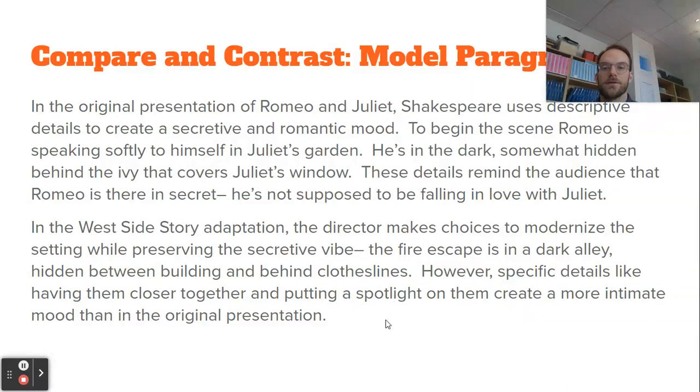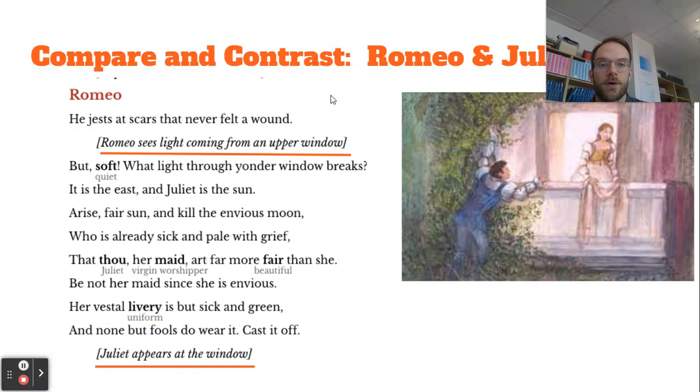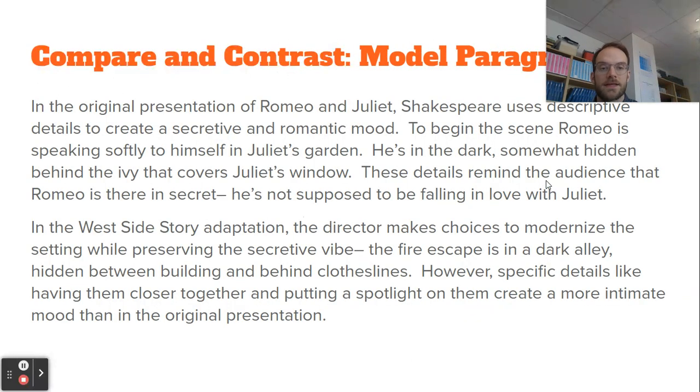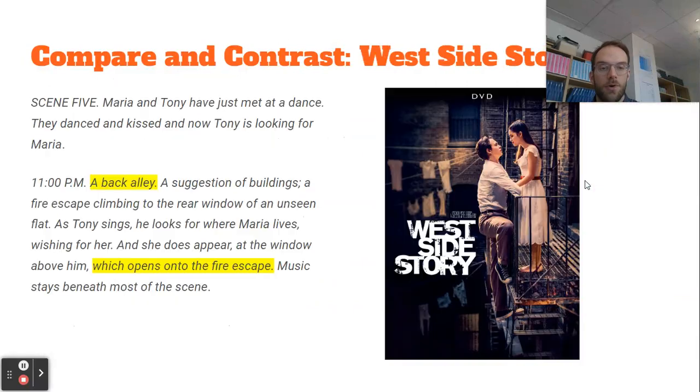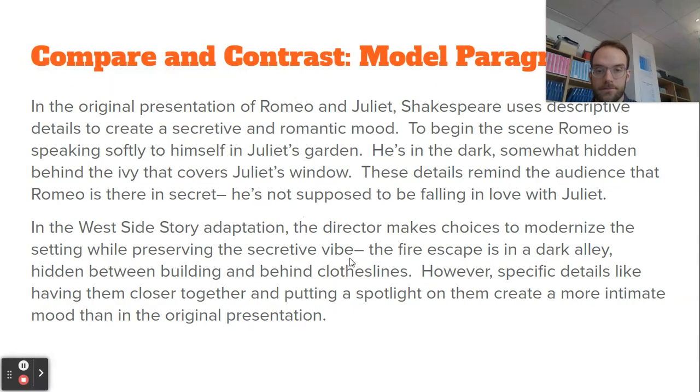And so what I'm asking you to do is compare and contrast from one adaptation and the other that you're comparing. What's similar? And at the same time, what's different?